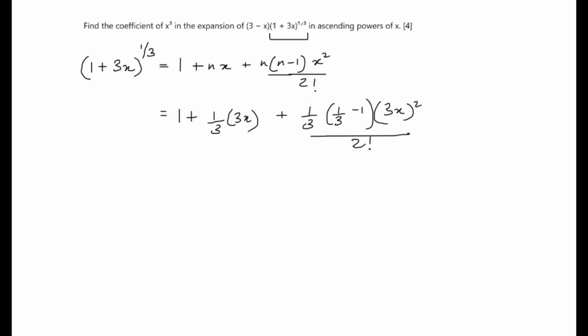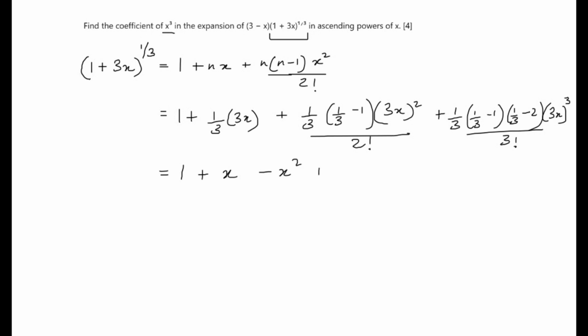And we have to go up to the x cubed term, so I'm going to continue, plus 1/3 (1/3 minus 1) (1/3 minus 2) (3x) the whole cubed by 3 factorial. Simplifying this, we get 1 plus x, remember we're just putting it into our calculators, minus x squared plus 5 by 3 x cubed.